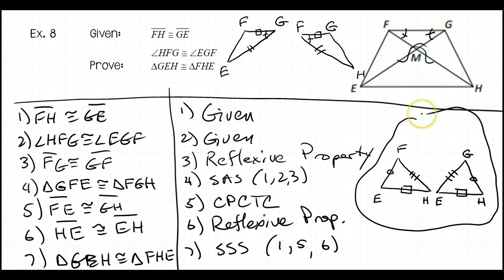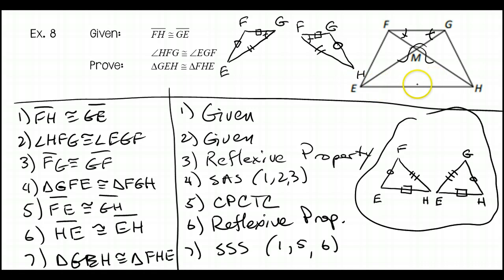And we can see we've already got FH and GE that was given in step 1. And now I can get FE and GH because those are corresponding parts. Those are these two segments here, so they're part of both sets of triangles. Those are corresponding parts, CPCTC.